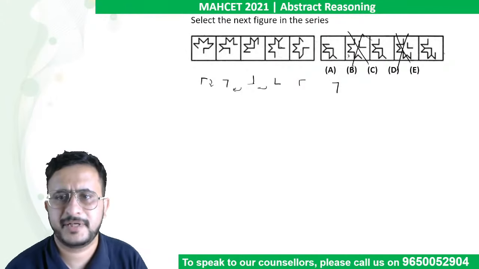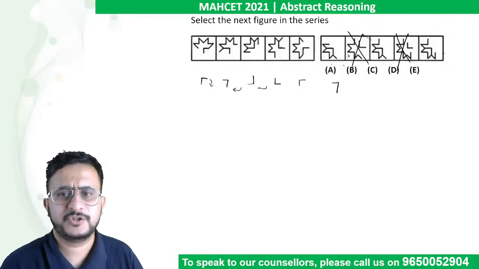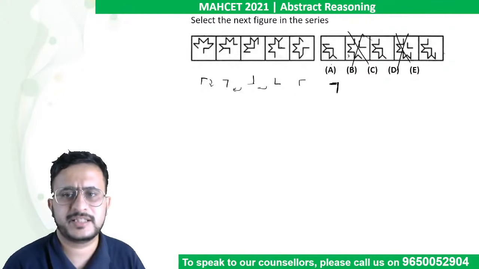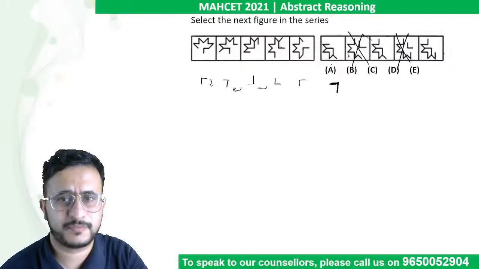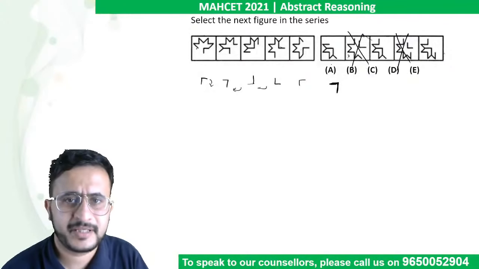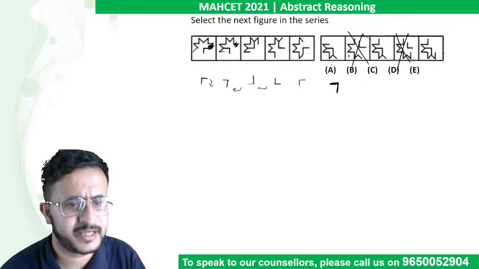So we can eliminate option A. We are left with A, C, and E. B and D get eliminated because this L shape should be like this. Now let us look at that star thing. From this image to this, this hand got removed and that was added this side. Now from here to here, this got removed and that was added this side.